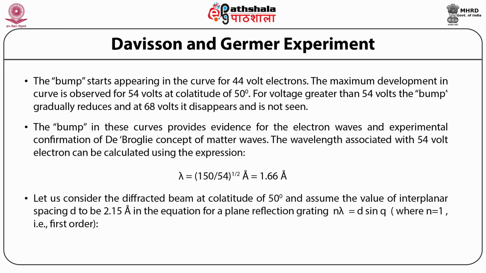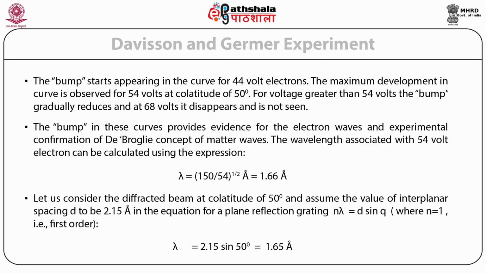Let us consider the diffracted beam at a co-latitude of 50 degrees and assume the value of interplanar spacing d to be 2.15 angstroms in the equation for a plane reflection grating, n lambda equals d sine theta, where n is equal to 1, that is, the first order. Lambda comes out to be equal to 2.15 sine 50 degrees, which equals 1.65 angstroms.